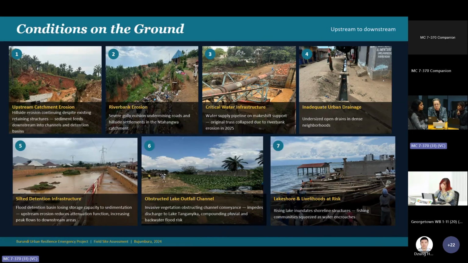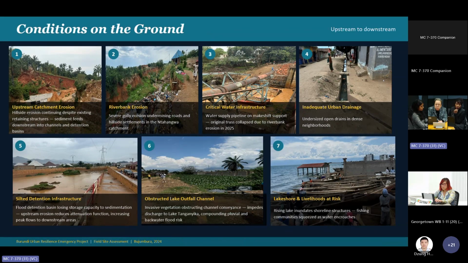And of course, as flows move into the urban areas, drainage networks are typically undersized relative to peak runoff, and frequently obstructed, further limiting conveyance. In the lower reaches, very flat topography, as you would have seen in the slide before, and low gradients, reduce flow velocities and limit the system's ability to evacuate water efficiently. And then sediment transport also affects hydraulic structures, in particular the detention basins that are built throughout the middle to lower catchment areas.